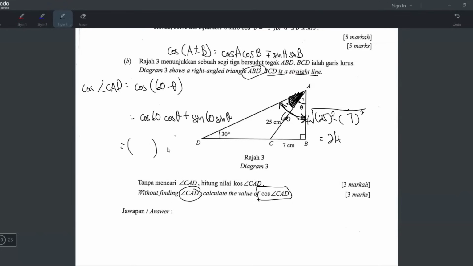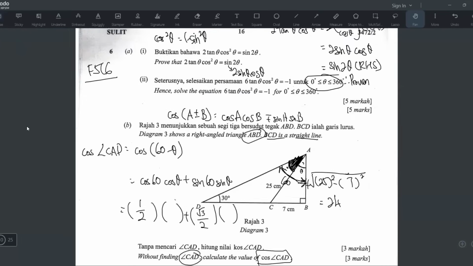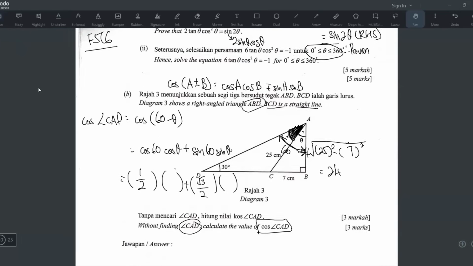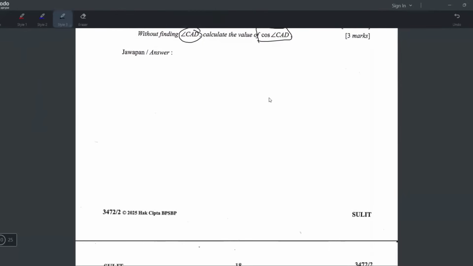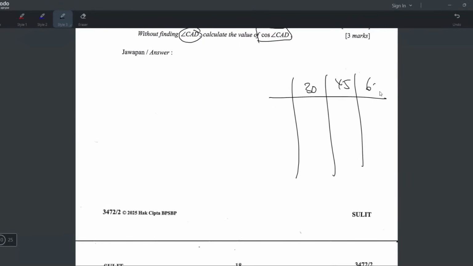Okay, for the cos 60 and the sin 60, I can write them myself. Cos 60 is 1 over 2, sin 60 is root 3 over 2. This is because we memorized it before in the table. You remember 60 is an angle that you learned in the table before, right? The table of 30, 45, 60, with sine, cos, tangent.